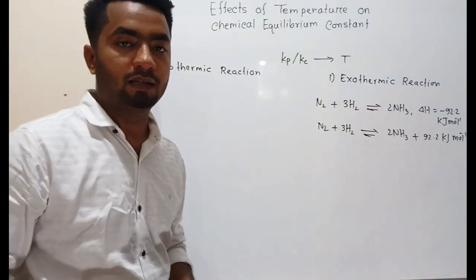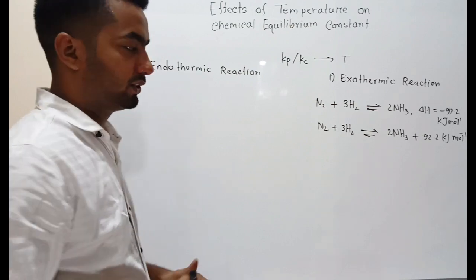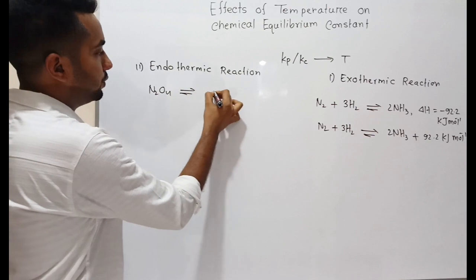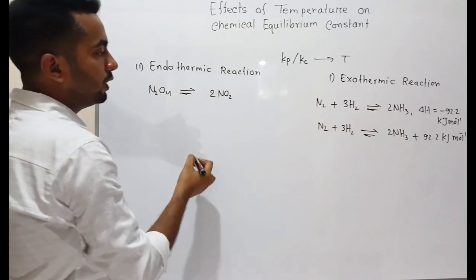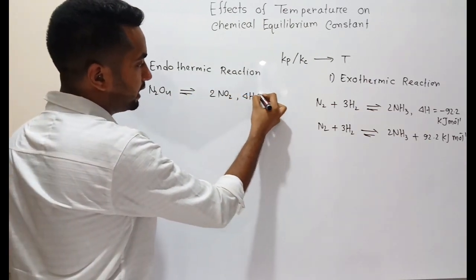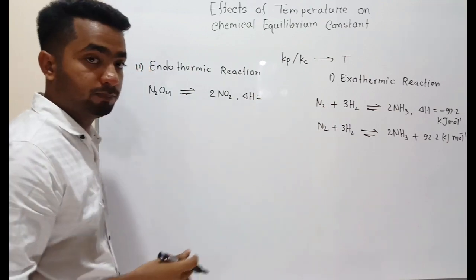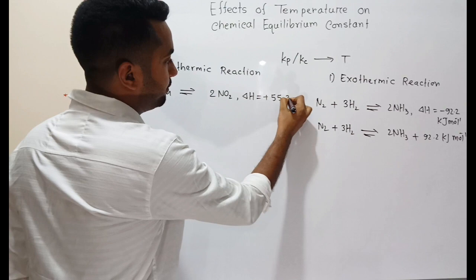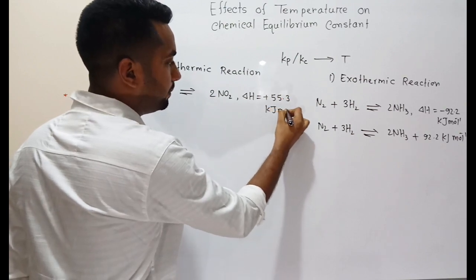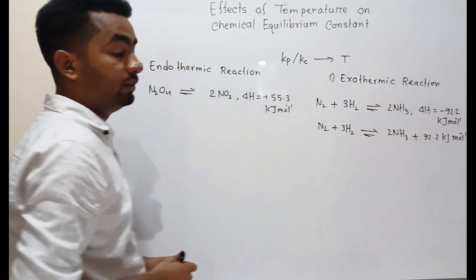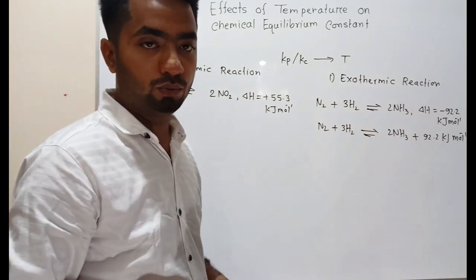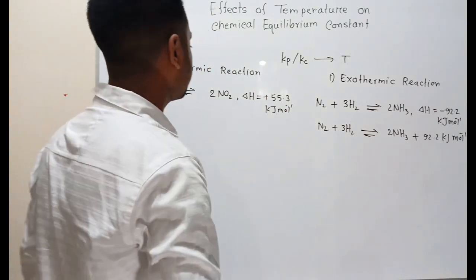Now let's have an example of an endothermic reaction, where N2O4 reacts to form 2NO2, where the overall standard enthalpy change is positive, plus 55.3 kilojoule per mole, where the system consumes 55.3 kilojoule per mole.